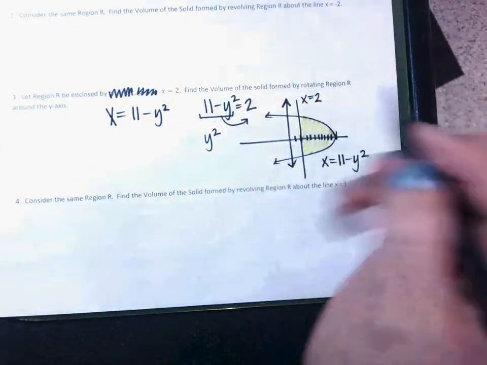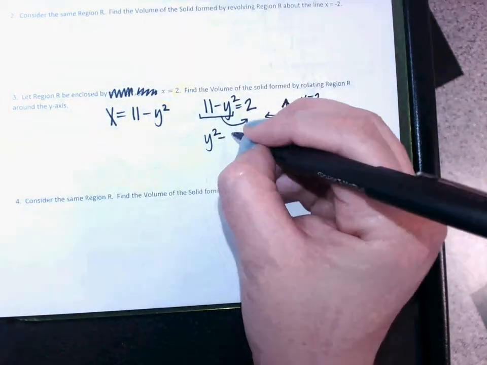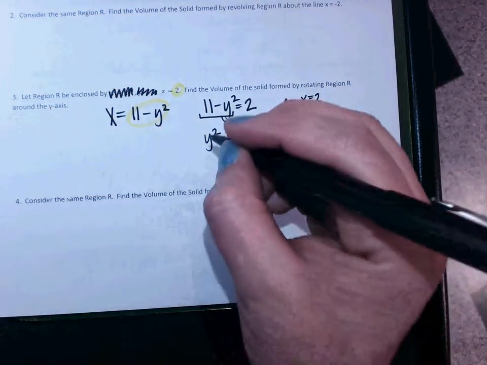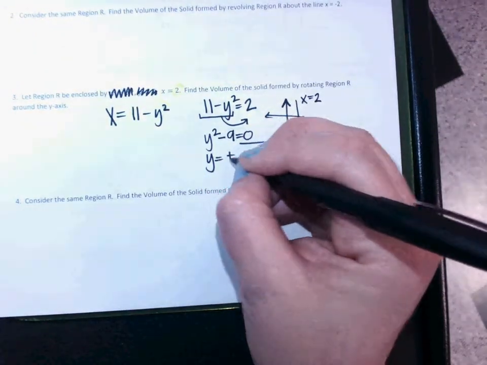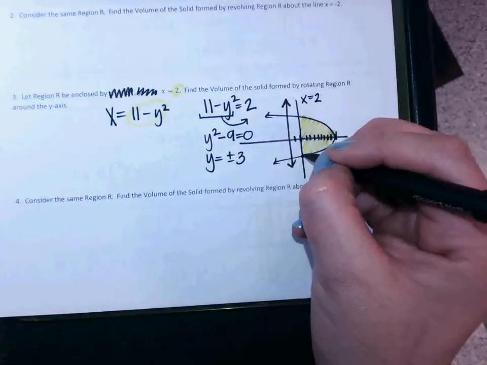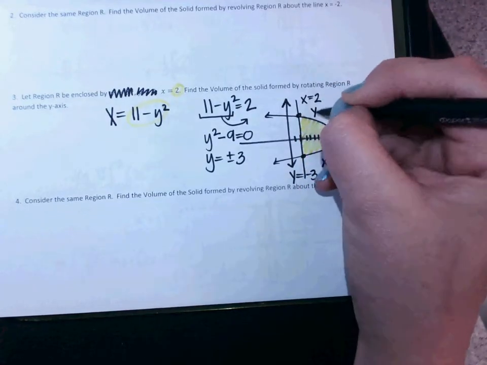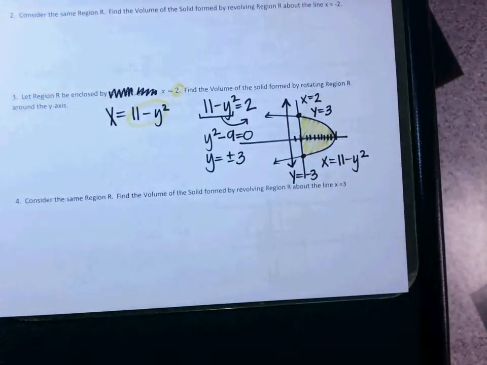Positive. And then 2 minus 11 gives me minus 9. How can we factor that? So it'd be plus or minus 3. So this one is y equals negative 3. And this one is y equals positive 3. Is everybody good to there so far? When I set up my integral, those are going to be my boundaries.